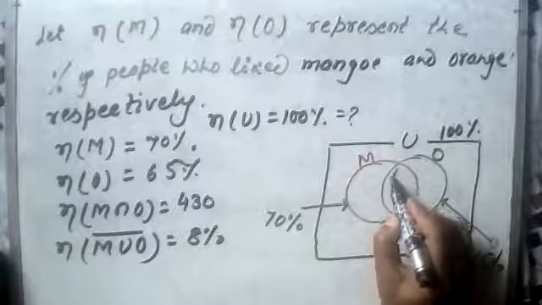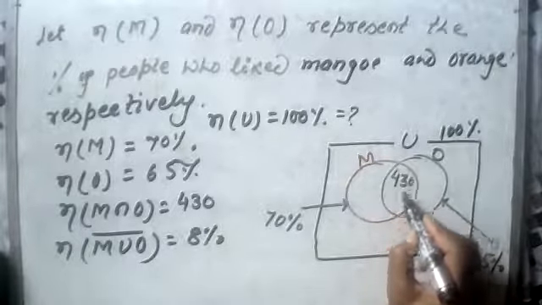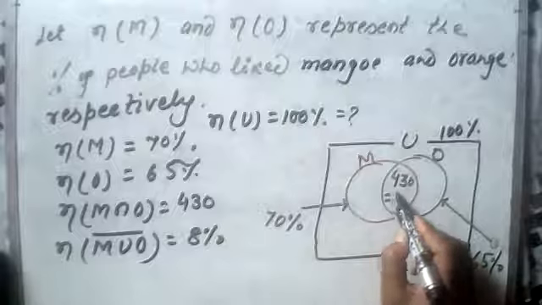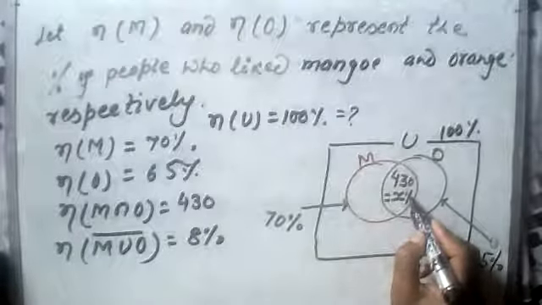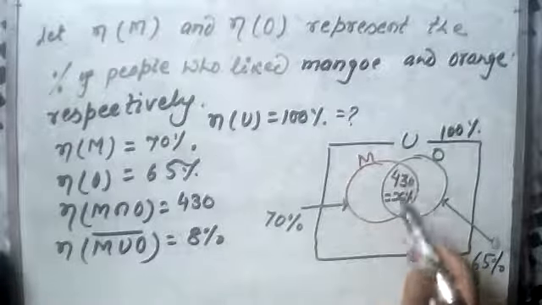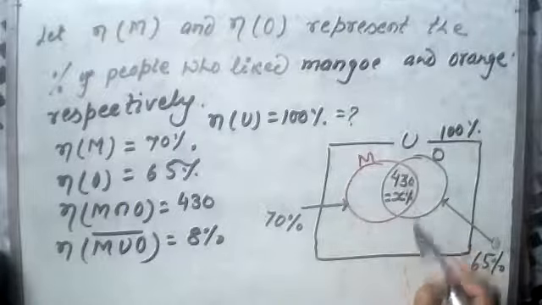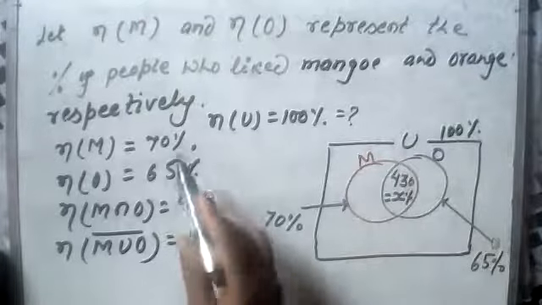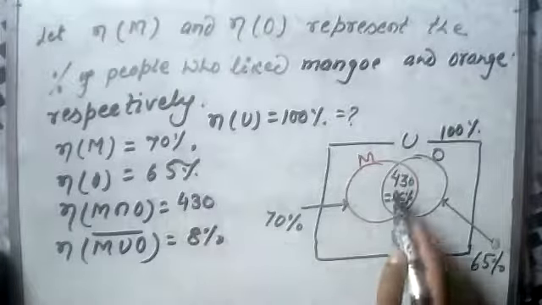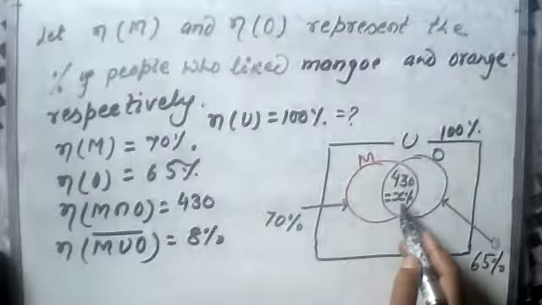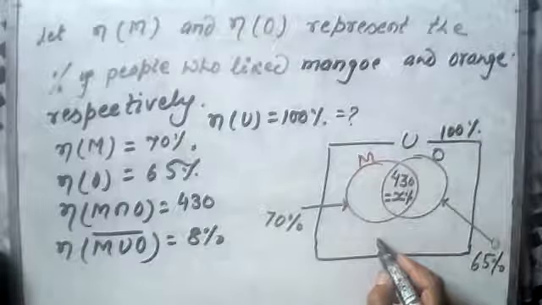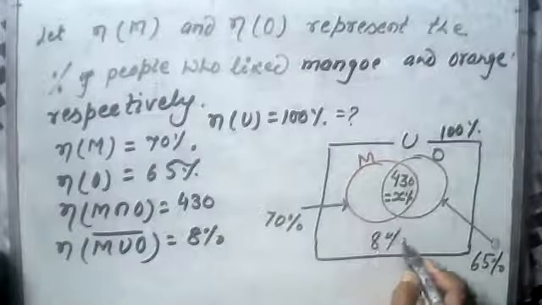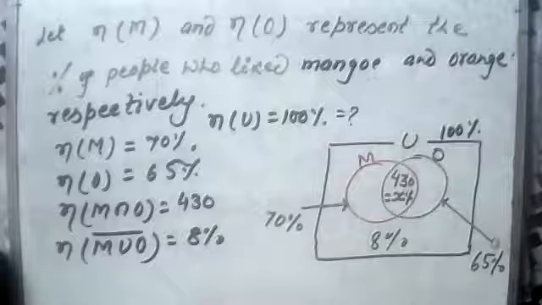And this is 430, which can be assumed as X%. Since all the data should be in percentage, those who like both, 430, is equal to X%, and those who do not like any is 8%.